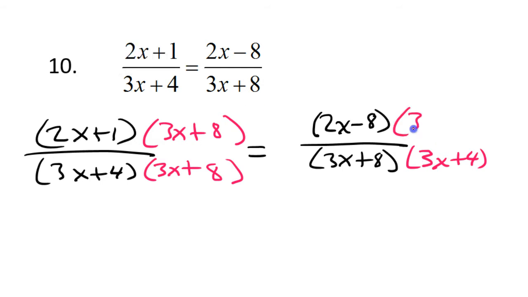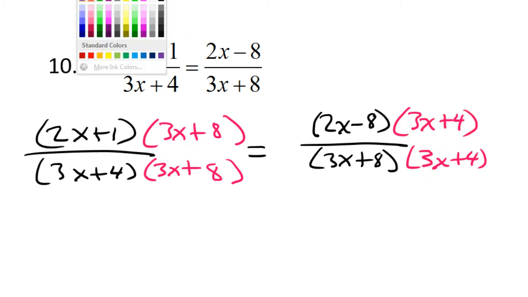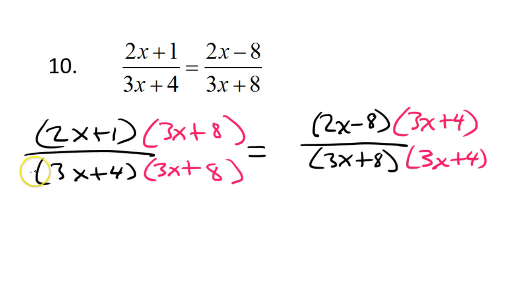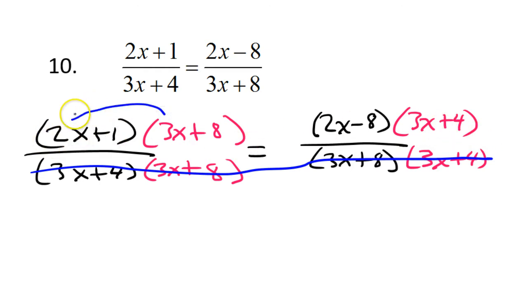So like I said, this side needed a 3x plus 4 in the numerator and the denominator, of course. Once you have like denominators, you know the numerators must be the same, so you can just ignore the denominators and concentrate on setting the numerators equal to each other. Now I'm going to go ahead and double distribute as I go.